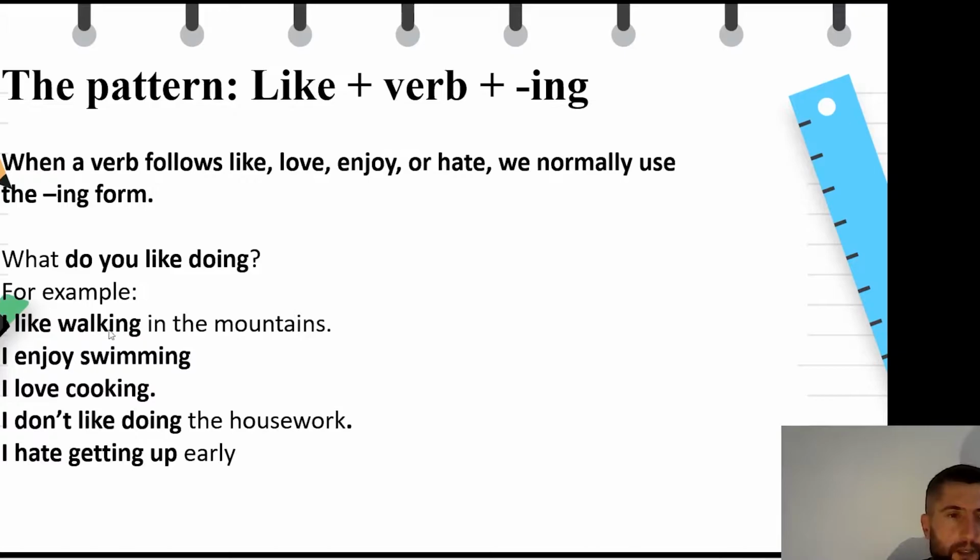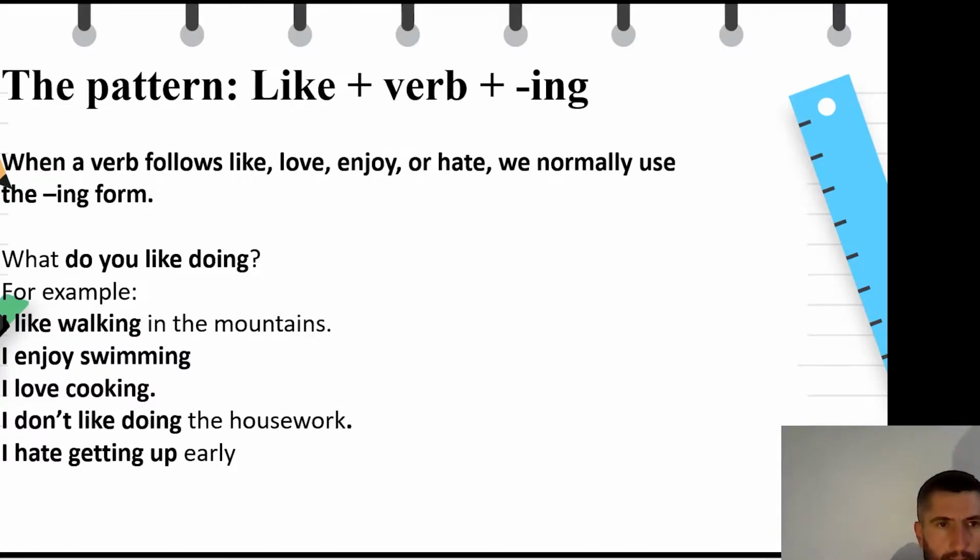For example, I enjoy swimming. I love cooking. I don't like doing the housework. I hate getting up early. So, this is the main pattern for describing activities and interests: the verb plus ing.